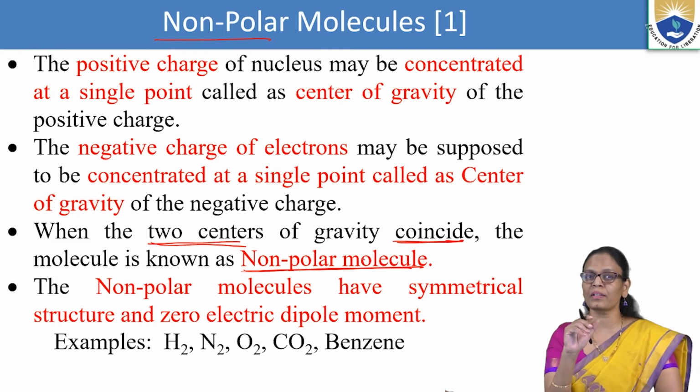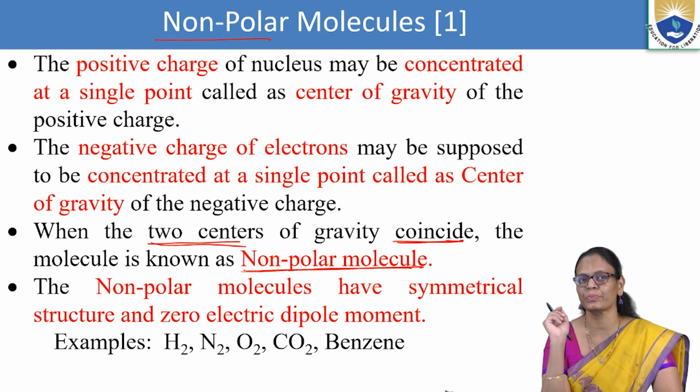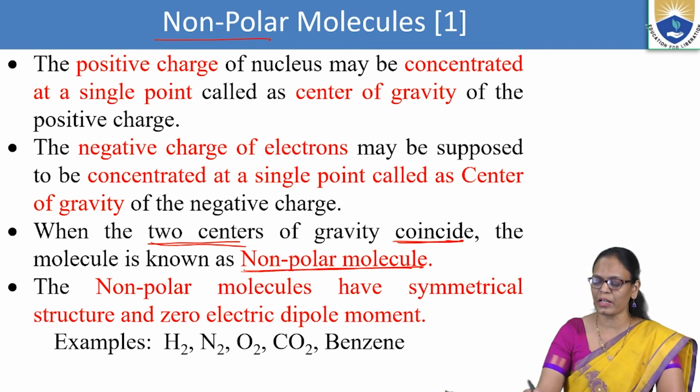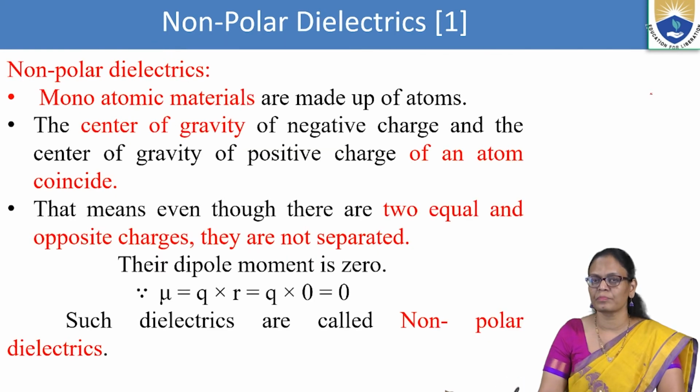So in polar, there should be a separation between the effective positive and negative charge. But here, if the positive charge and the negative charge are coinciding with each other, means the distance between them is equal to 0.